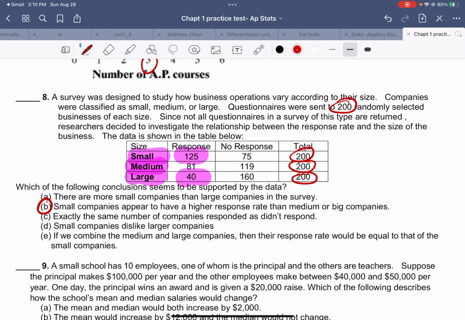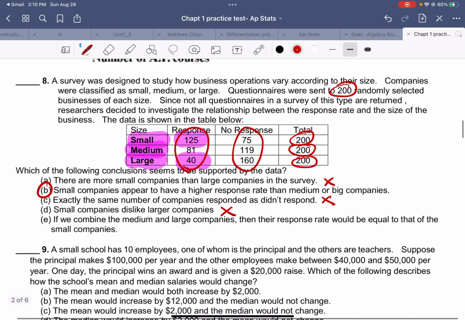If you look at the other one, there are more small companies than large companies in the survey. No, that's not true, because it's 200 each. And exactly the same number of companies responded as didn't respond. So when you add this whole thing, the sum of no response is a lot more. So that's not true. And small companies dislike larger companies, that's irrelevant information.